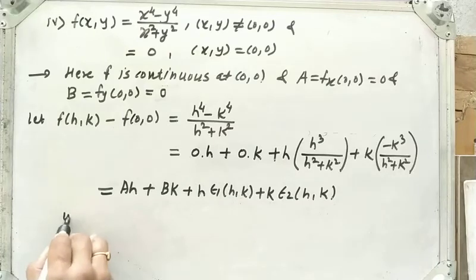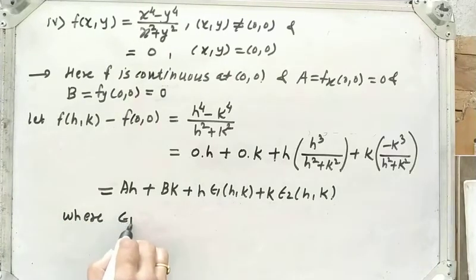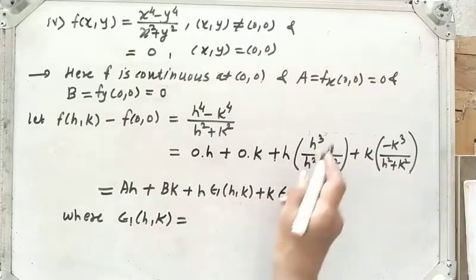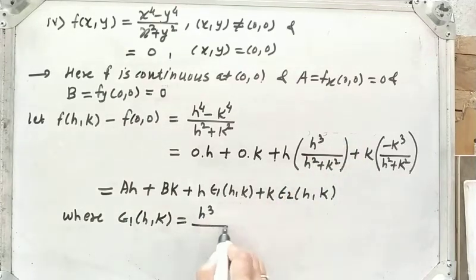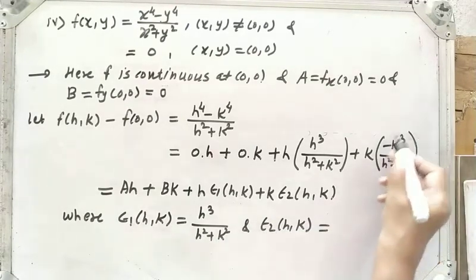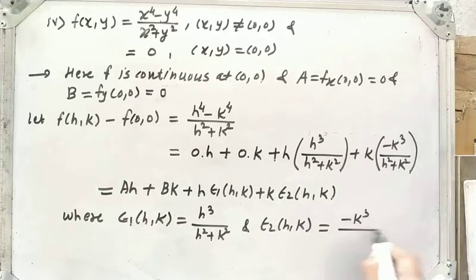So we can write where epsilon 1 of hk is nothing but h cube upon h square plus k square, and epsilon 2 of hk is nothing but this bracket, that is minus k cube upon h square plus k square.